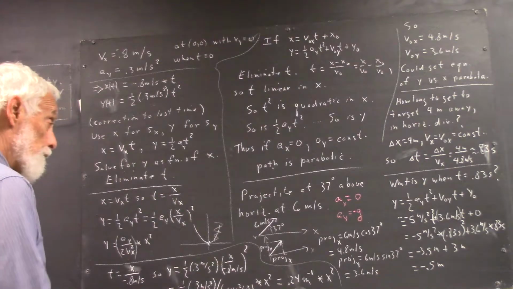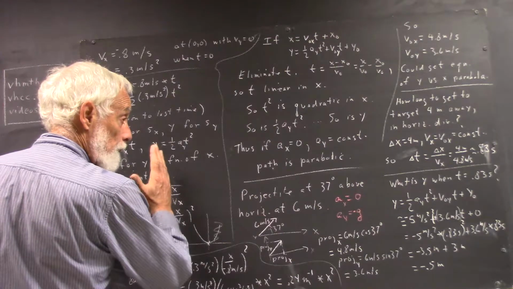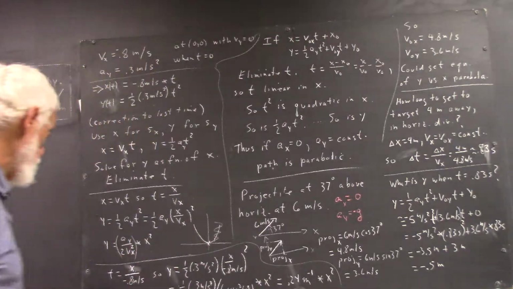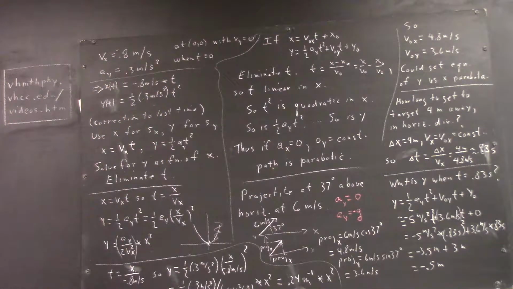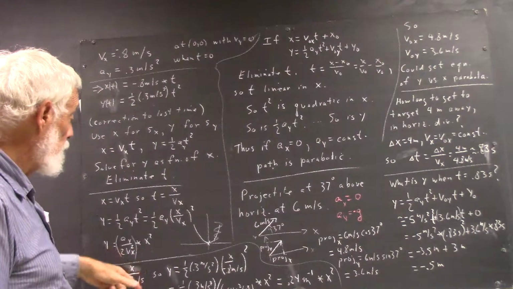Our direction of motion approaches but never reaches the positive y direction. We talked about that last time. Okay. To get the specific parabola here, I went back to the original functions with the numbers.